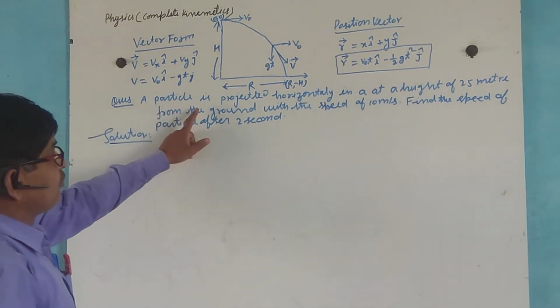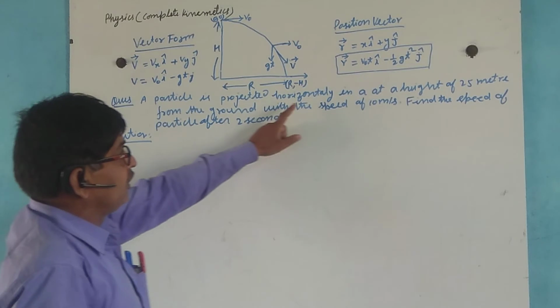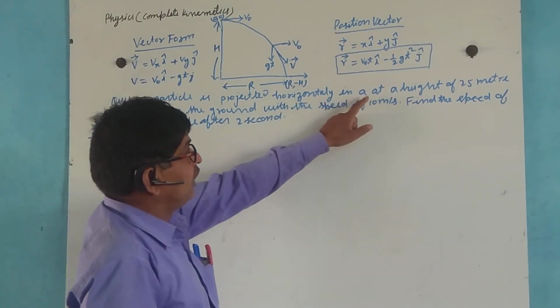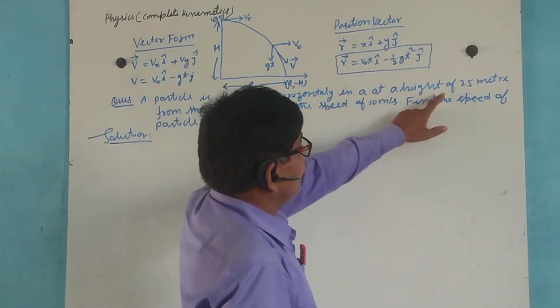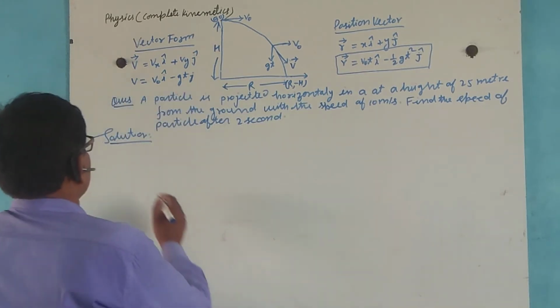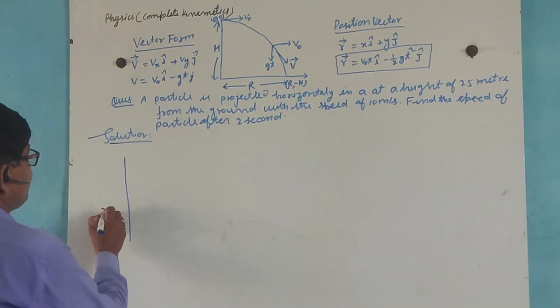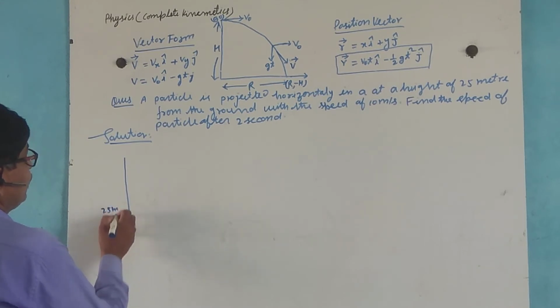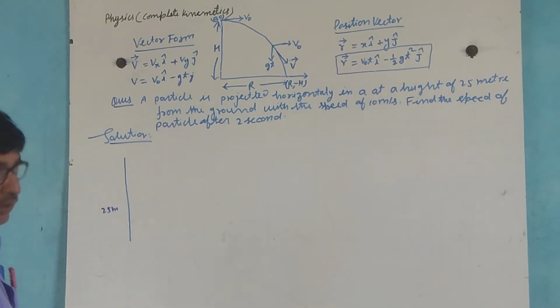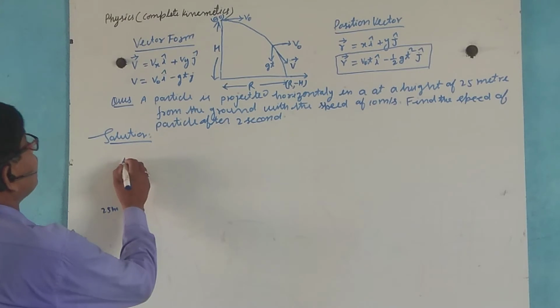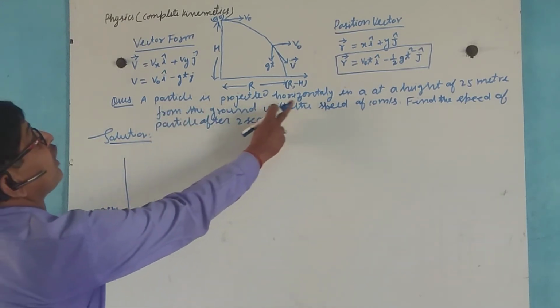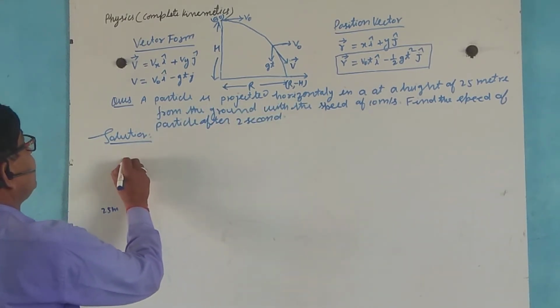A particle is projected horizontally at a height of 25 meters. So this is at a height of 25 meters, and the particle is projected horizontally.